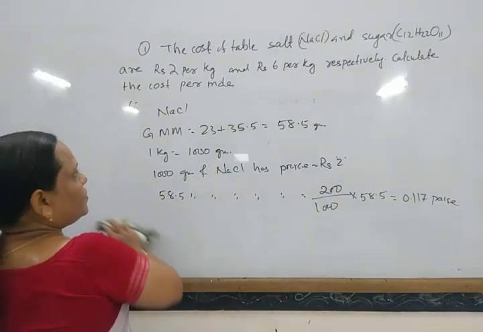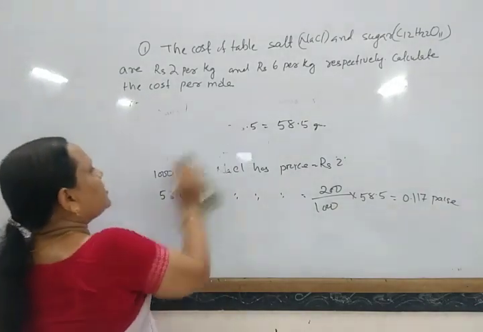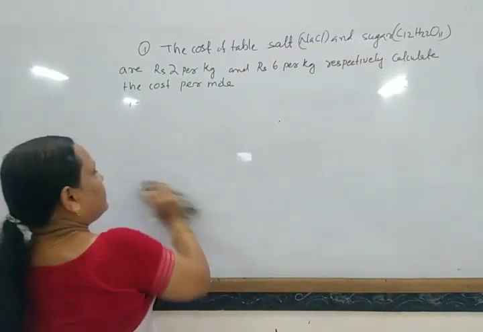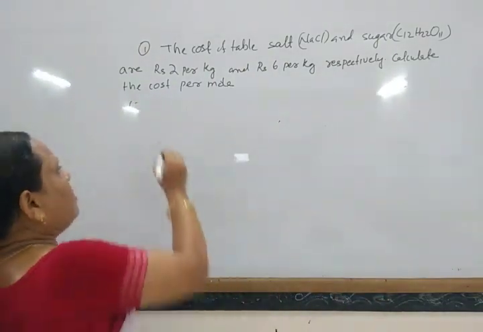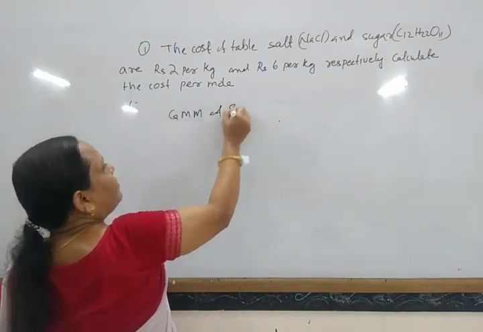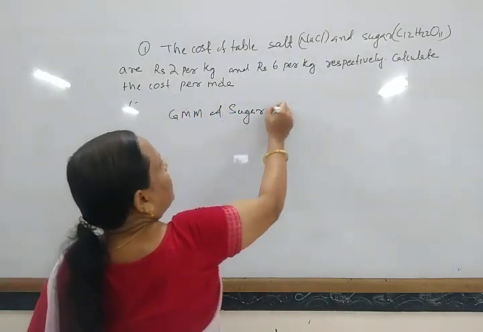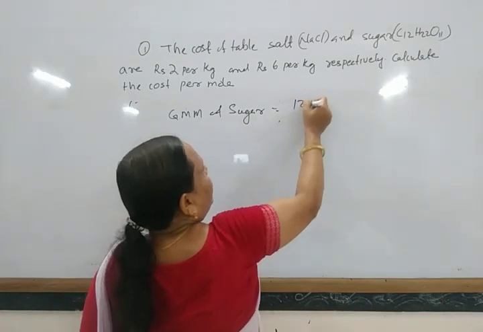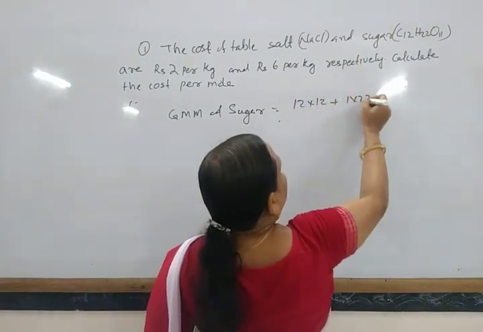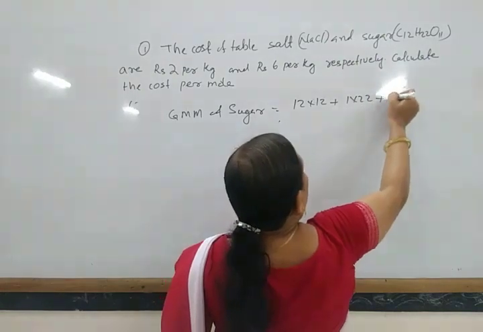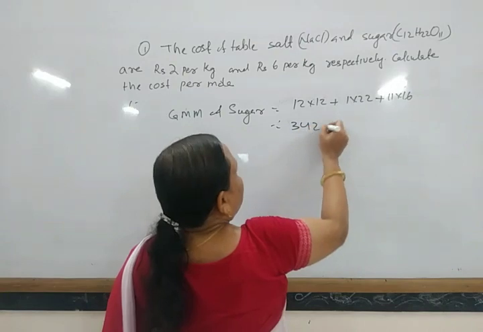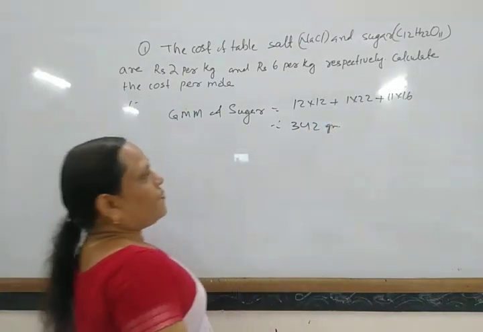Next come to sugar. Gram molecular mass of sugar is 12 into 12 plus 1 into 22 plus 11 into 16, that is equal to 342 gram.